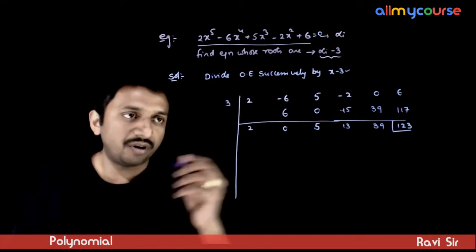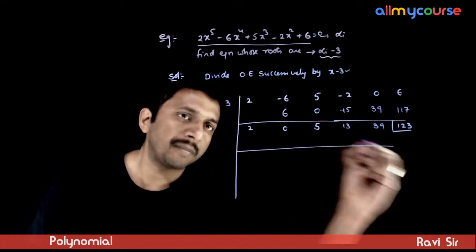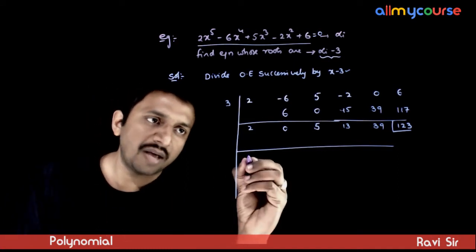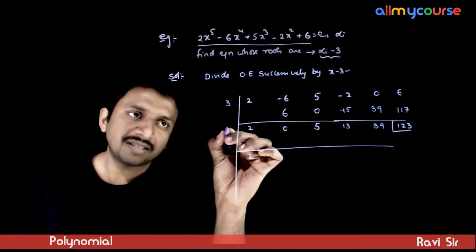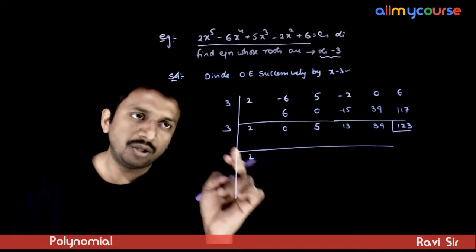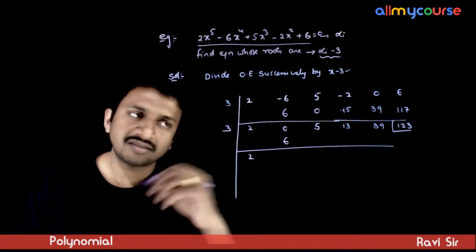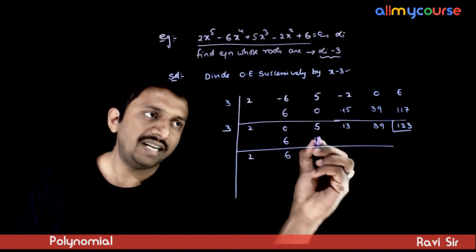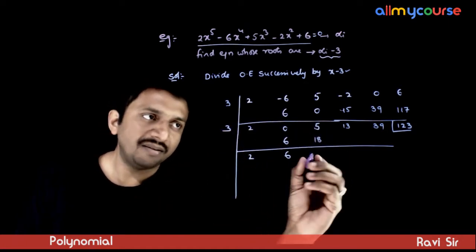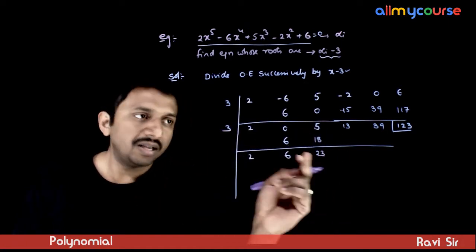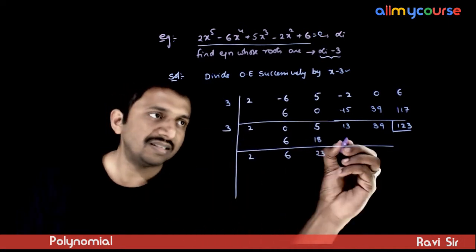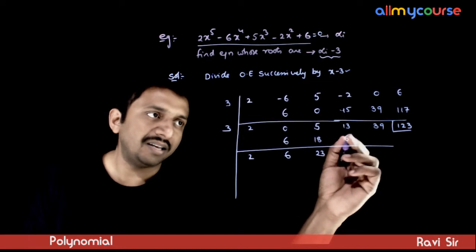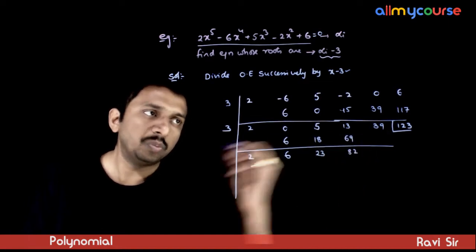Now again let us go forward. Let us again divide by x minus 3. So you have a 2 here. Let us write a 3 again. So 2 3s are 6. So you get a 6. 6 3s are 18. 18 plus 5 is 23. 23 into 3 is 69. 69 plus 13 is 82.